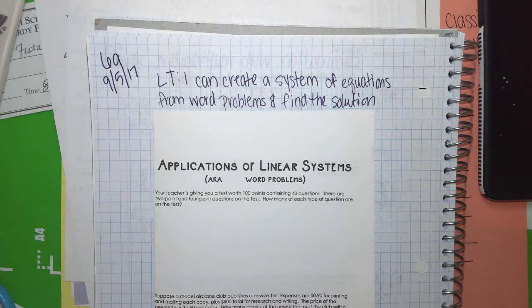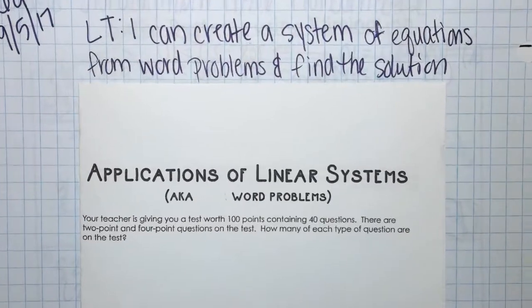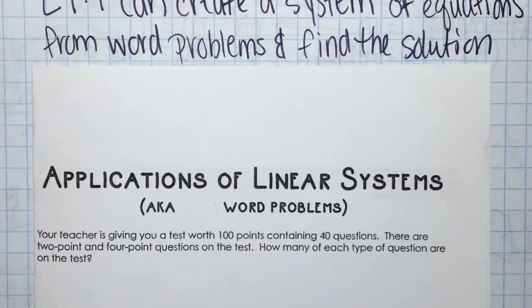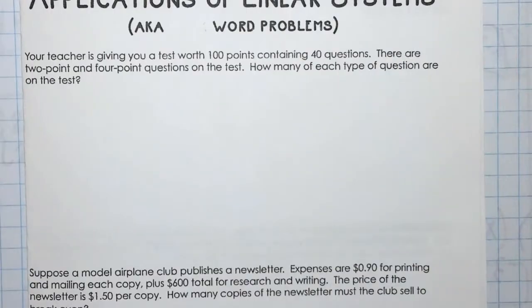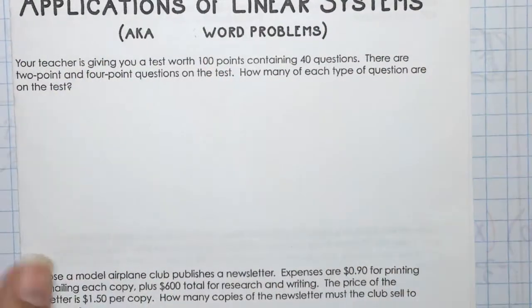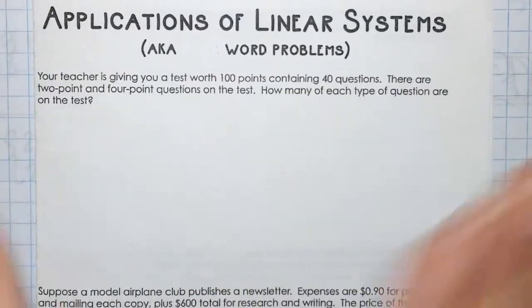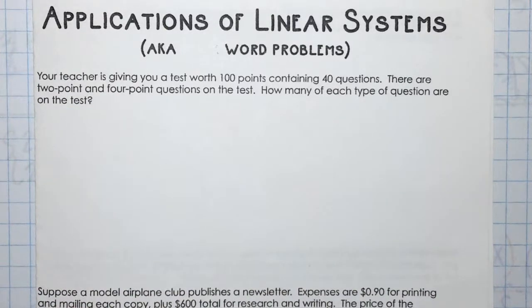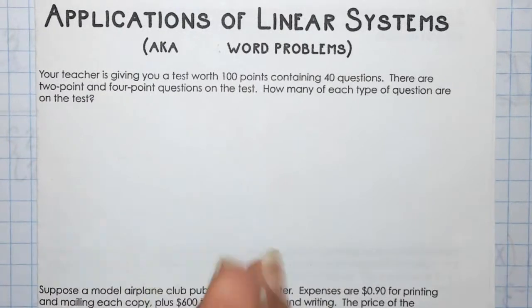With our word problems, what we're going to be doing is creating a system based on what the problem tells us. That means we're going to have to read the problem and form equations from it. Are you ready? That means we can't talk to each other. We've got to read. So everybody read number 1 first.